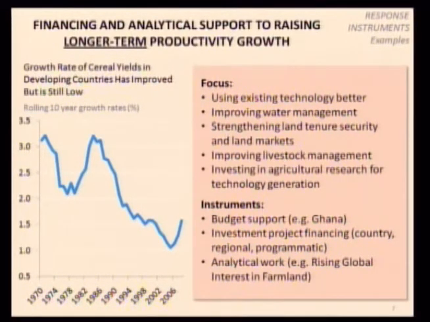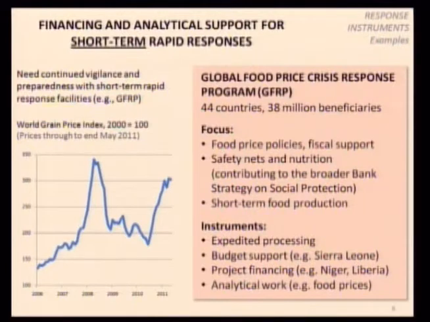And I'll come back a little bit to the longer term agenda at the G20, which I think should almost dominate the discussions on action. The second is on short-term responses.